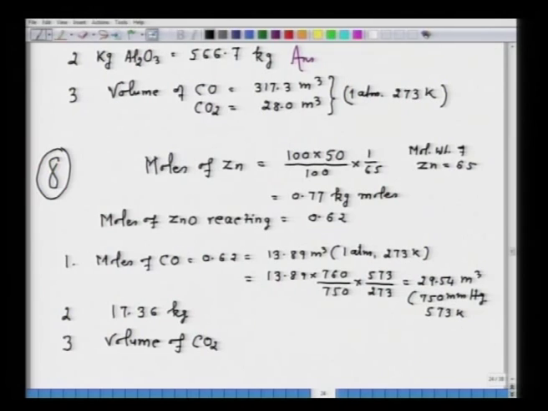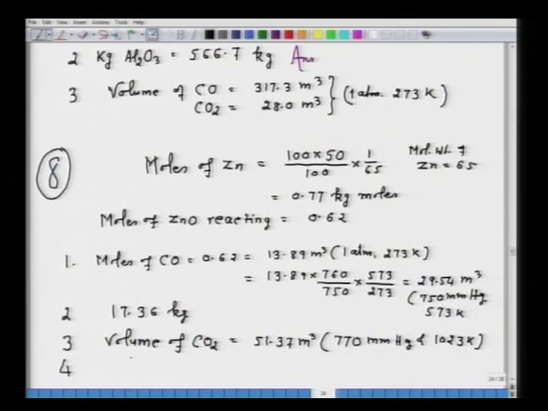You have to find out volume of CO2 formed at 750 degree Celsius and 770 millimeter pressure due to burning of CO. I will straight away write down the answer, you find out yourself, that is 51.37 meter cube at 770 millimeter mercury and 1023 Kelvin.